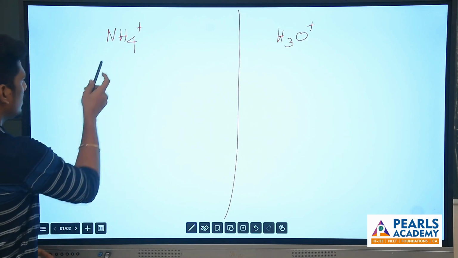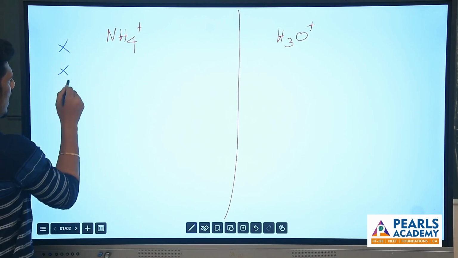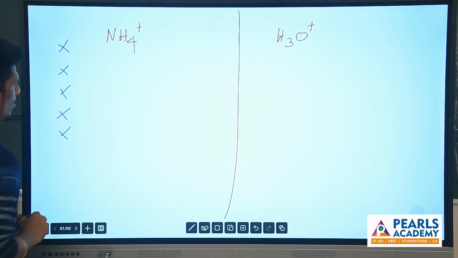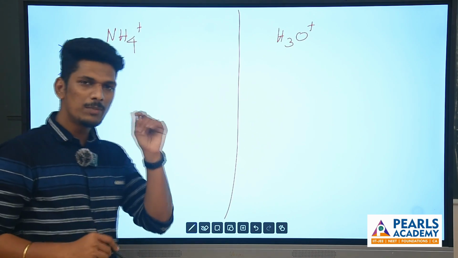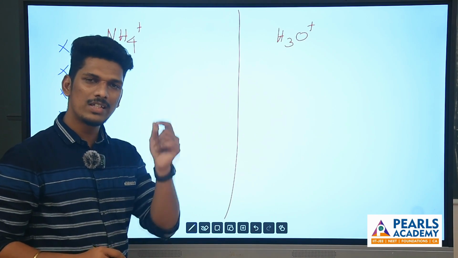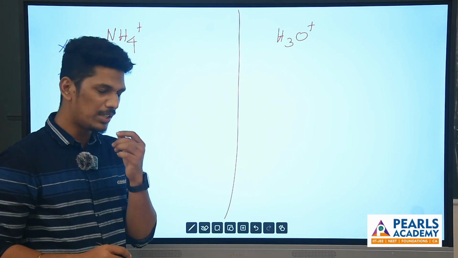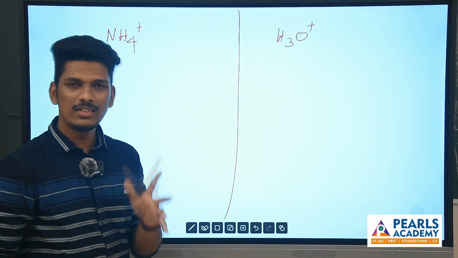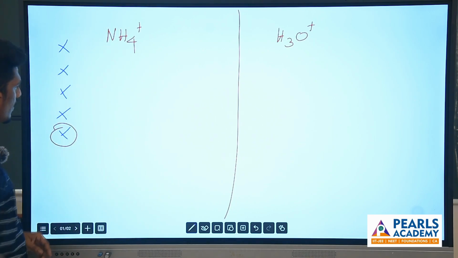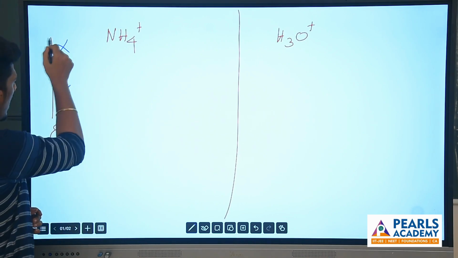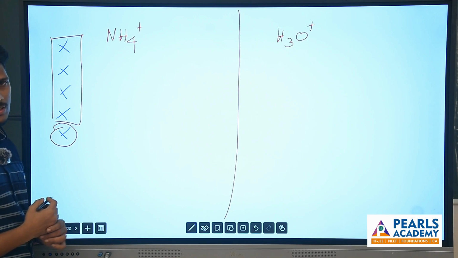That's it. So nitrogen, initially we know, has 5 electrons in its outermost shell, but here we have a plus charge. What is meant by plus charge? Plus charge means one of its electrons is lost. So among these 5 electrons, 1 electron is lost, and we should not consider it. Now we have only 4 electrons in its outermost shell.